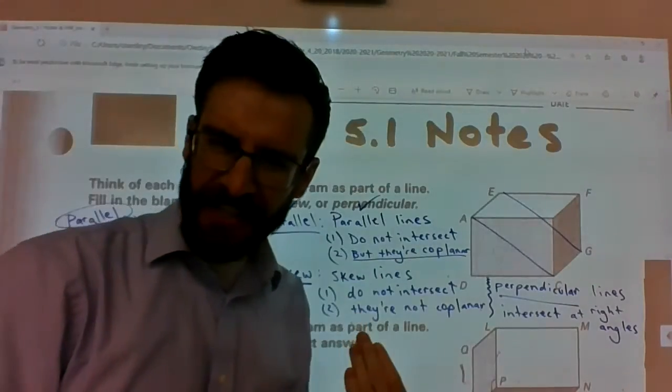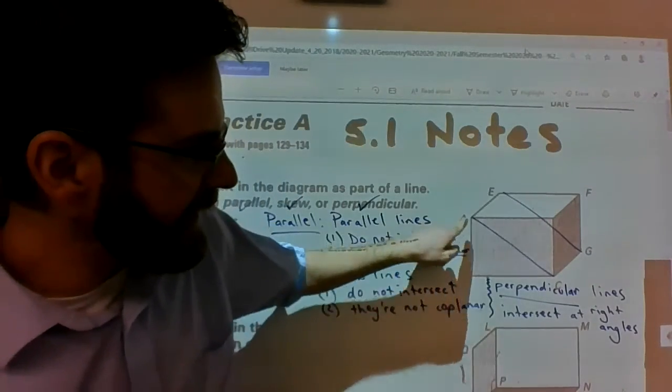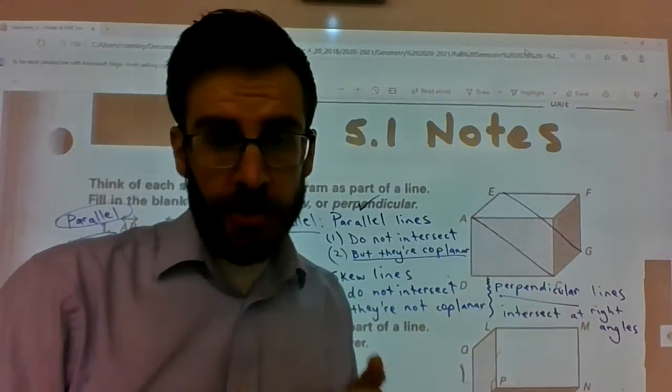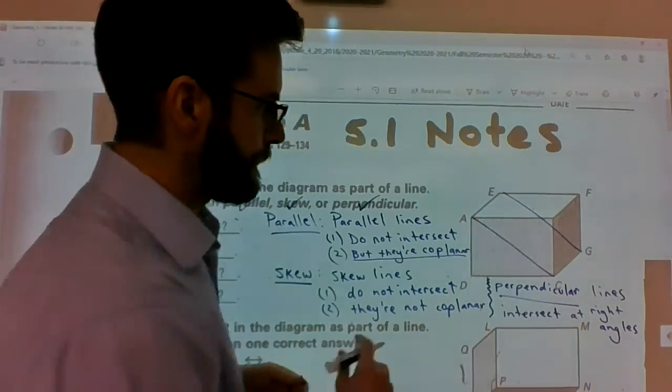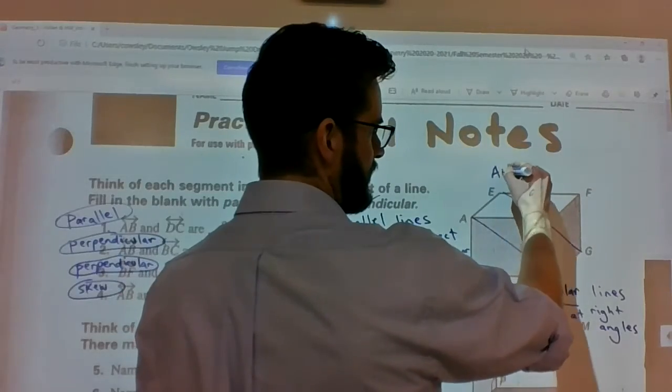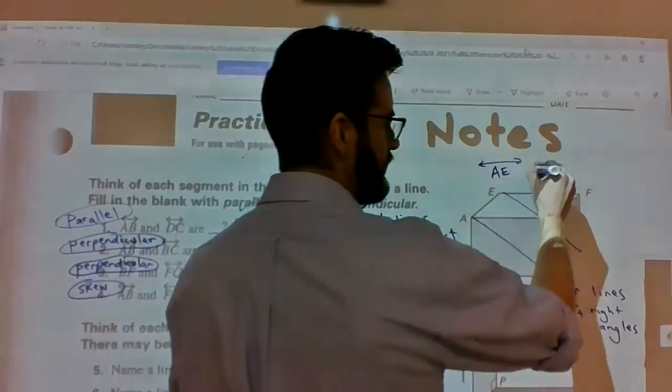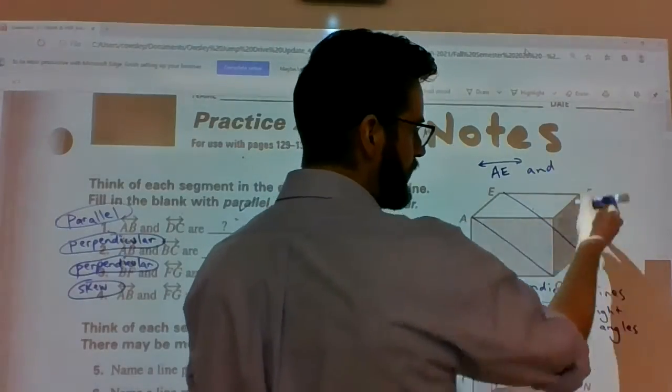Can you guys see that? There's technically a plane that can pass from AE to CG. So if somebody asked you, how would you compare AE and CG?